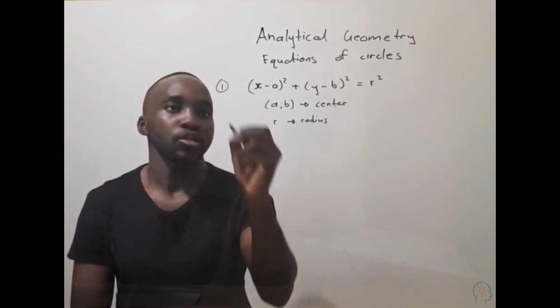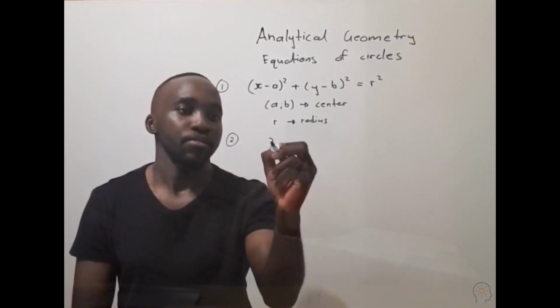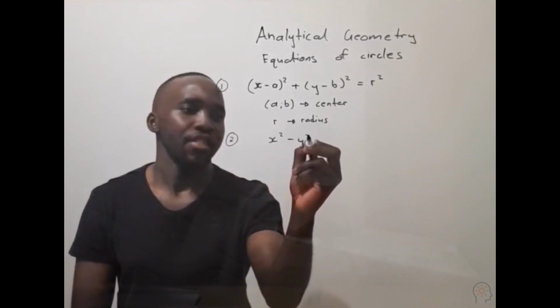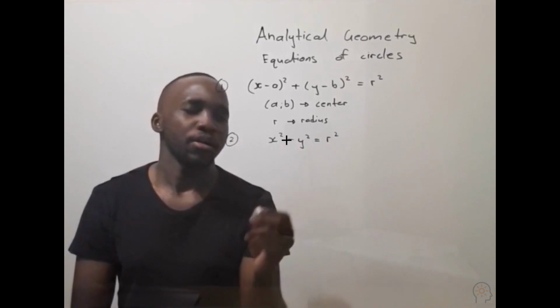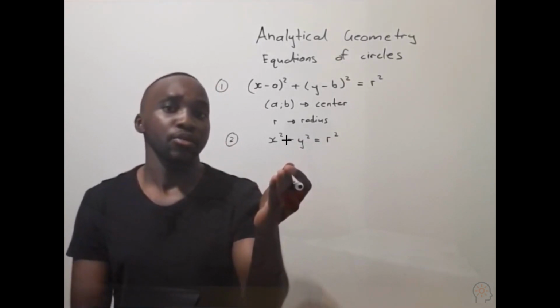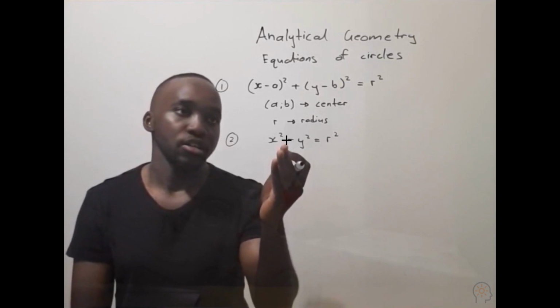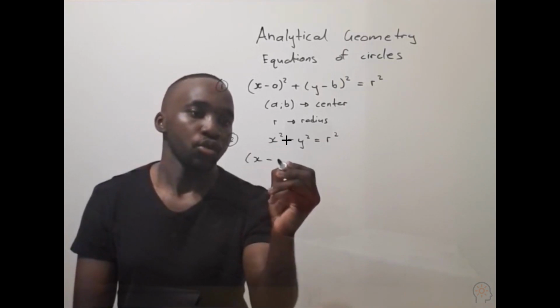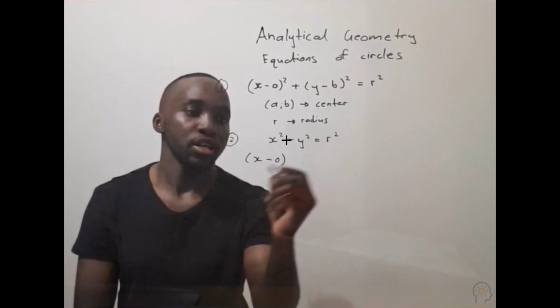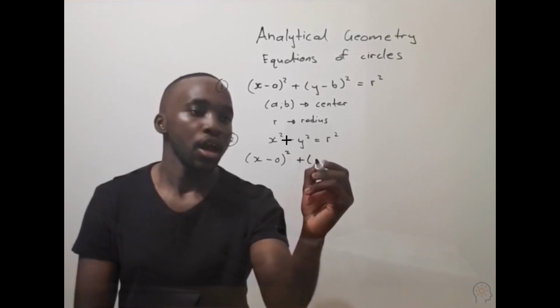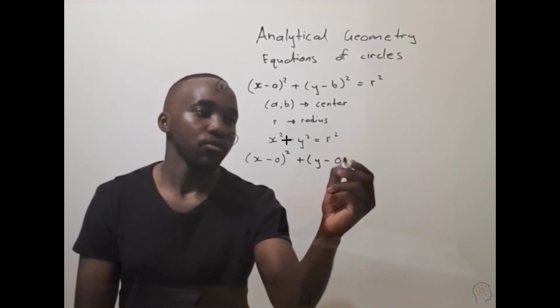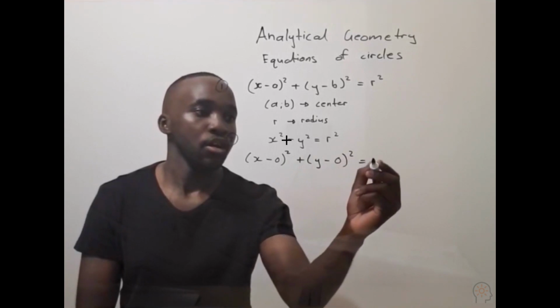Keeping that in mind, you also want to remember that in your textbooks, you will get cases where they will tell you something like this as another standard form. Anytime you get an equation in this format, all they're trying to tell you is that the x value of your center is 0 and the y value of your center is also 0.